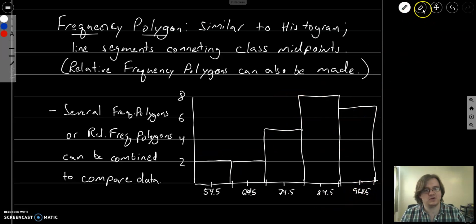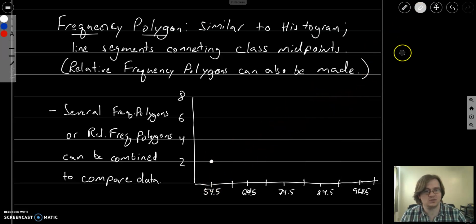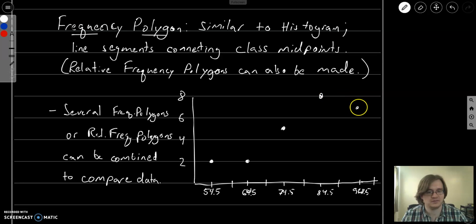And then furthermore, what we'll do is we'll draw a dot at the top of that range, right above the midpoint. So we will erase this and instead draw some dots above the midpoint in each one, and we will connect them with lines.